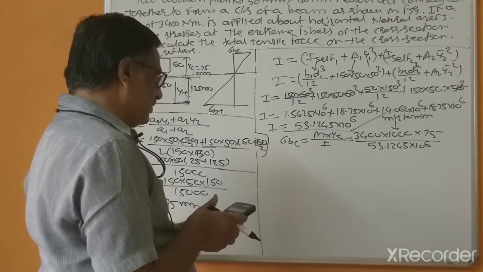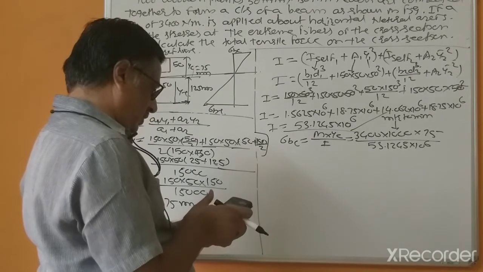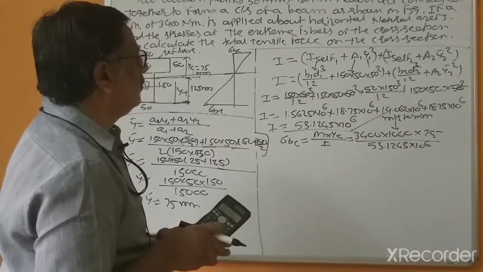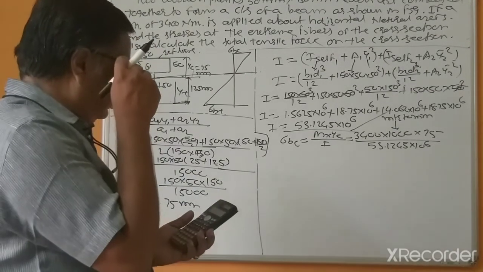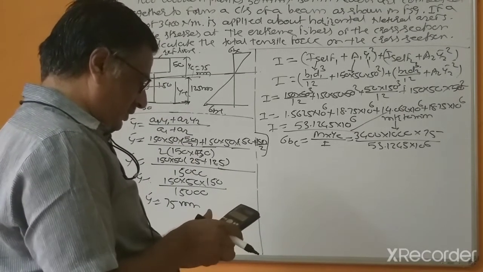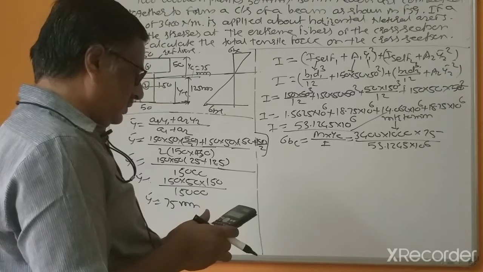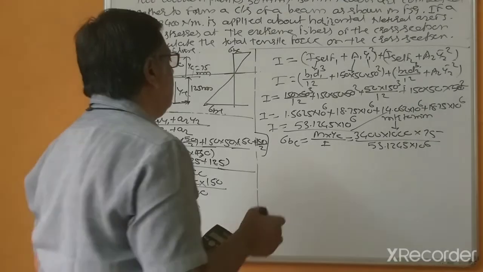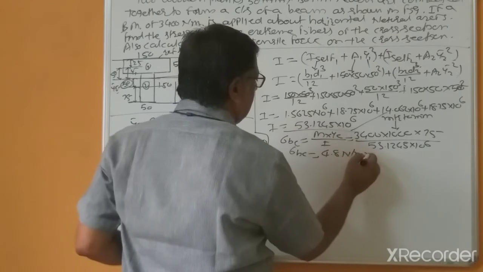One divided by this answer multiplied by 10 to the power 6, so divided by 10 to the power 6, multiplied by 3.4 multiplied by 75. This is equal to sigma BC equal to 4.8 Newton per mm square.